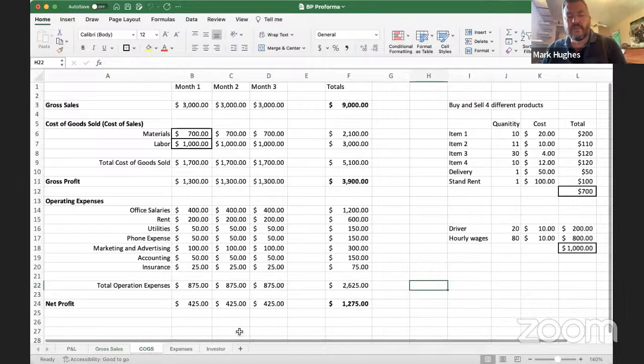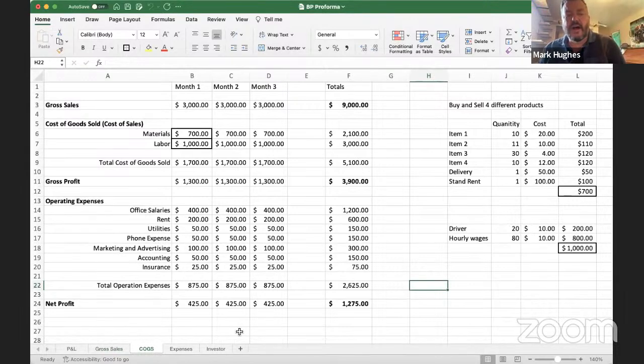Now we will keep track of the cost of goods sold.